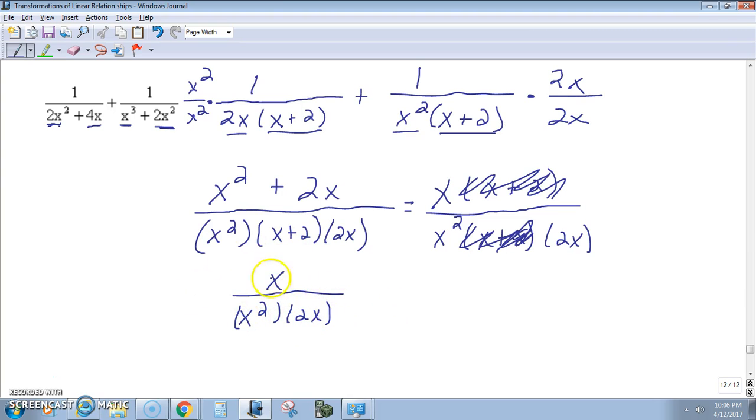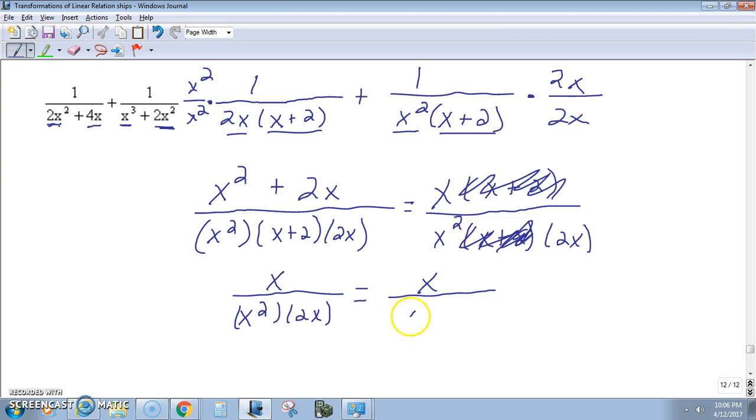But look, each of these has an x, and as long as I'm multiplying them all together, I can cancel that x out. You wouldn't normally be able to do that if you were adding something together, but since it's all multiplication, but let's just expand it.